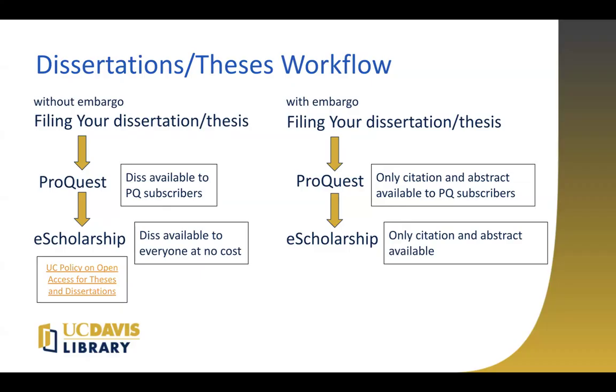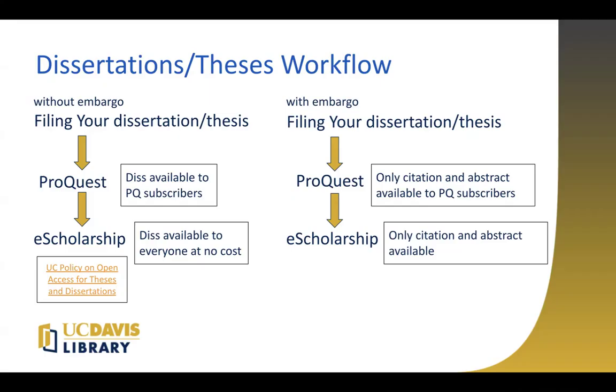There is a UC policy on open access for theses and dissertations. So unless you put in an embargo, it automatically goes to eScholarship without your further permission. You sign when you file that you acknowledge that.